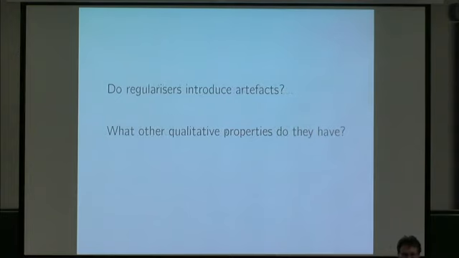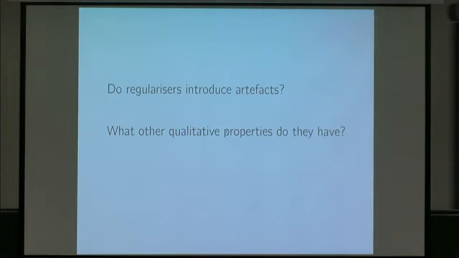And also, we should know that our regularisers work, that they don't introduce artifacts. Like if we want to detect, let's say, cancer in an image, and we obtain the image through some processing inversion of some data, that what we see in the image is not a product of the regulariser, that it's actually in there in the real world.